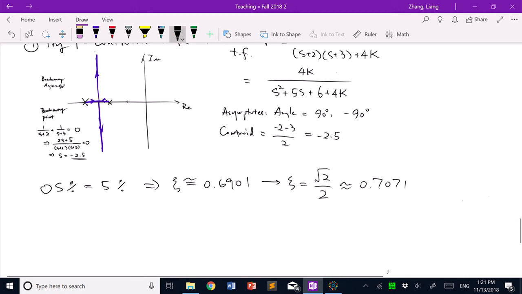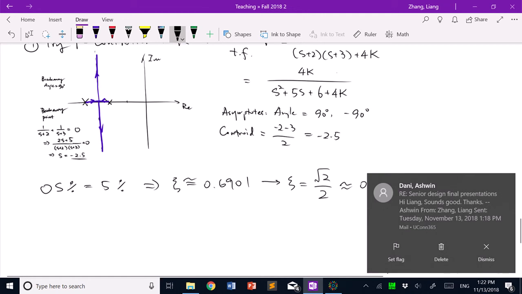So slightly more damping should give you even more suppression of the transient, and the resulting overshoot from this is about 4.32%. Which is a pretty good number. You want it to be less than 5%, and I'll give it 4.32.